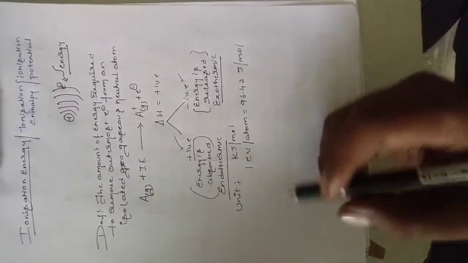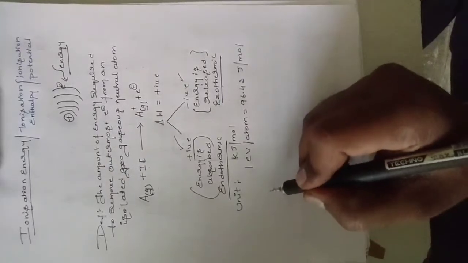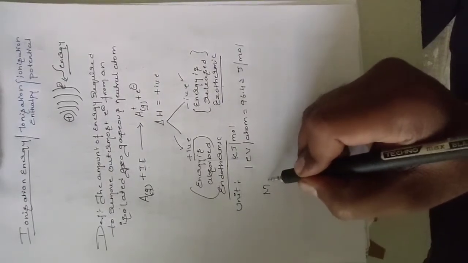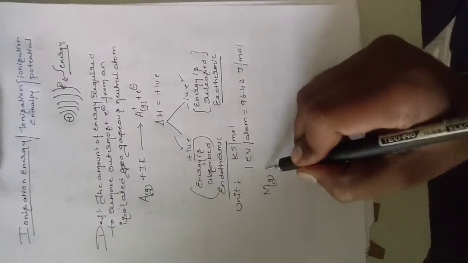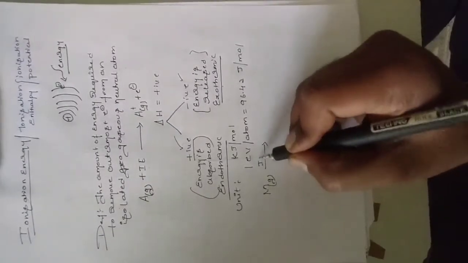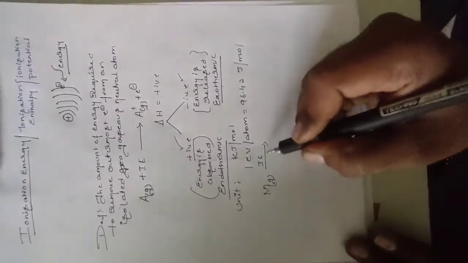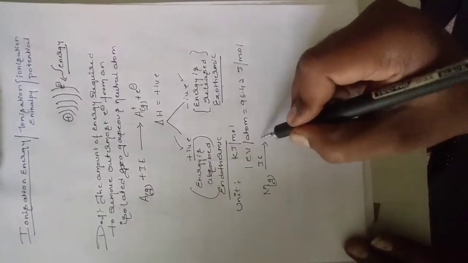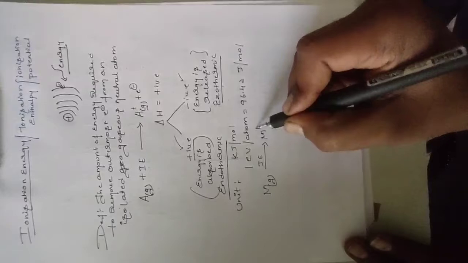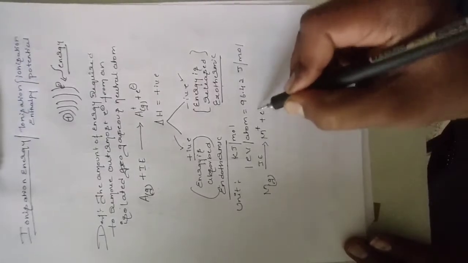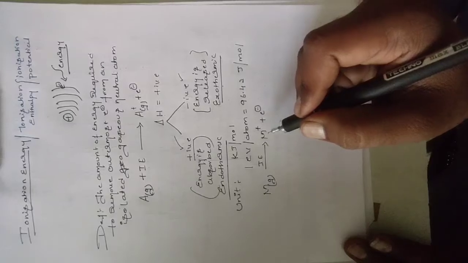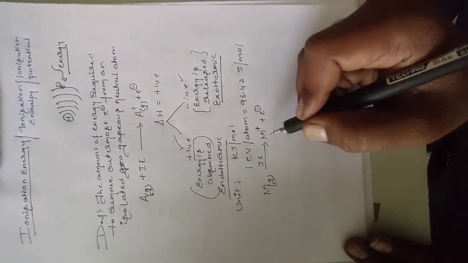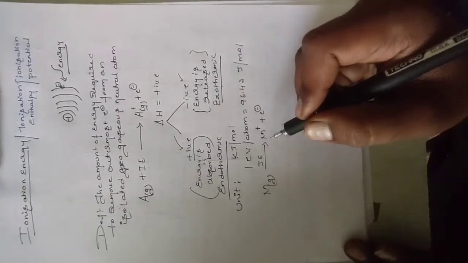Consider any metal, for example, M, a metal in the gaseous state. We use ionization energy, and the metal becomes positive as it leaves an electron.